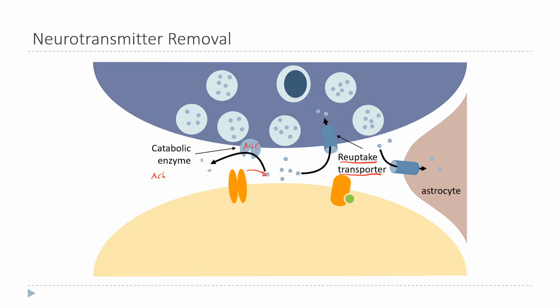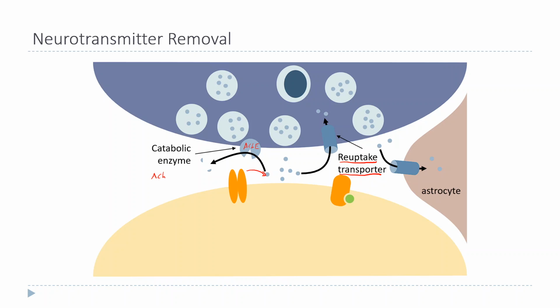These proteins move the neurotransmitter out of the synaptic cleft back into the cytosol. They act like the vesicular transporters we talked about earlier, which package neurotransmitter into the vesicles, but in a way they work backwards. Whereas the vesicular transporters move neurotransmitter out of the cytosol into the synaptic vesicle, the reuptake transporters move them out of the extracellular fluid into the cytosol.